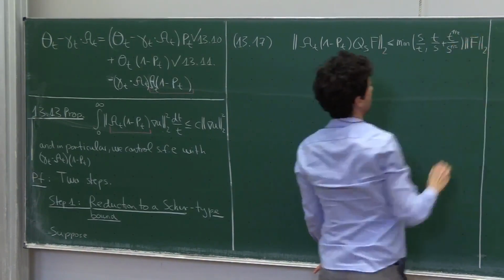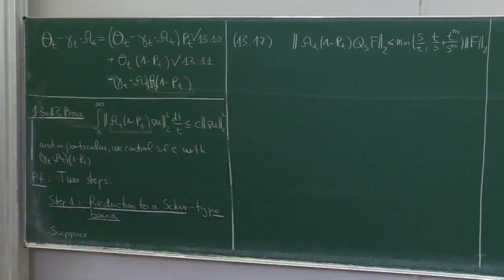Okay, this is what I claim, and in contrary to my claim in the proposition, here f is really just an L2 vector field, no gradient.